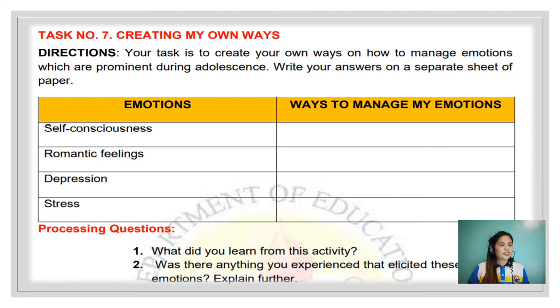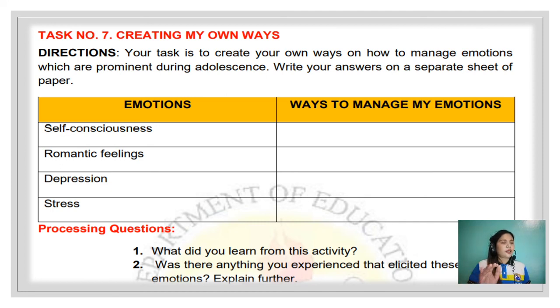Let's try to test if you really learned from our lesson. You have to do this activity, which is creating my own ways. Your task is to create your own ways on how to manage your emotions, which are prominent during adolescence. Use a separate sheet of paper for this activity. You can see there two columns. In the first column, we have emotions.